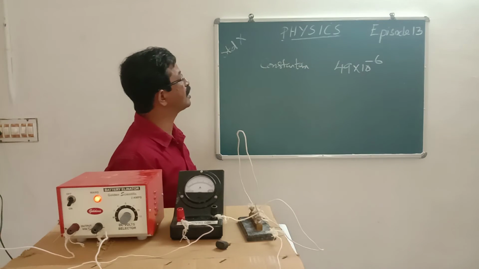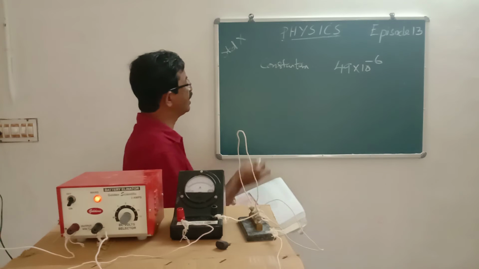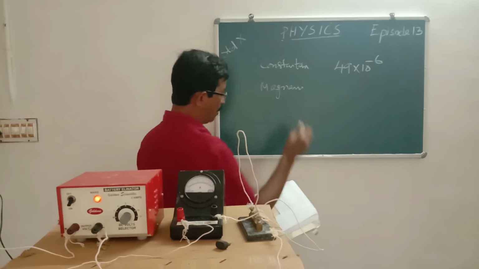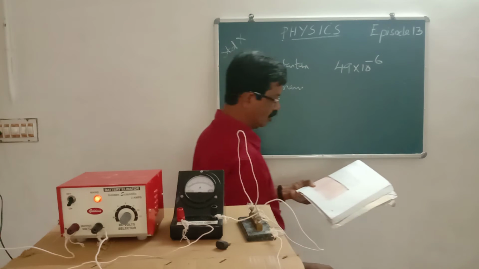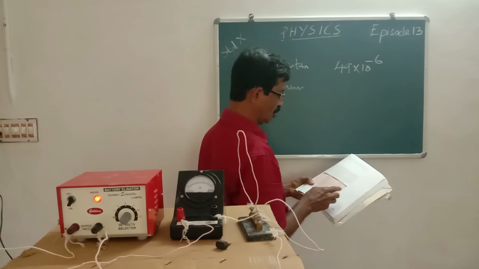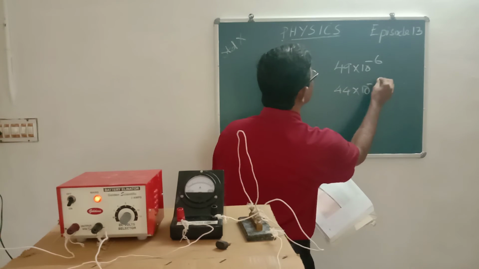Then resistivity of manganin is 44 into 10 raised to minus 6.